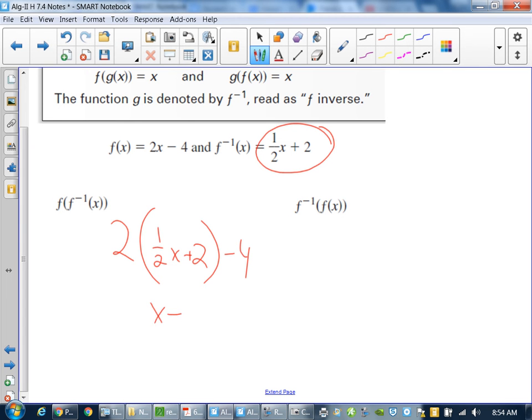So I get x plus 4 minus 4, and I get x. If I do the same thing on the other side, I start with the f of x equation, so I write out my 2x minus 4, and then surround that with the f inverse equation. Distribute out, I get half of 2, half of negative 4.